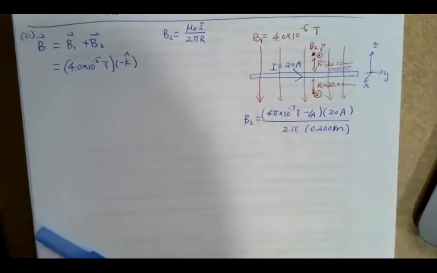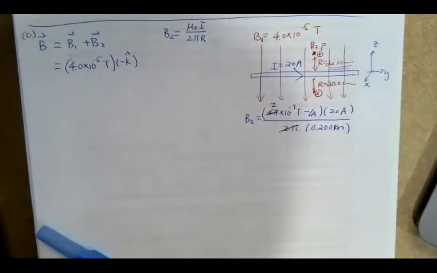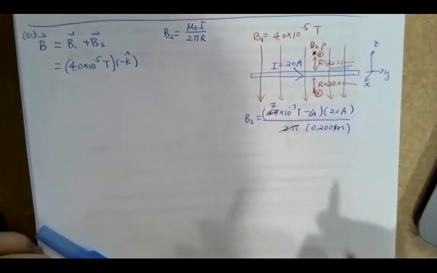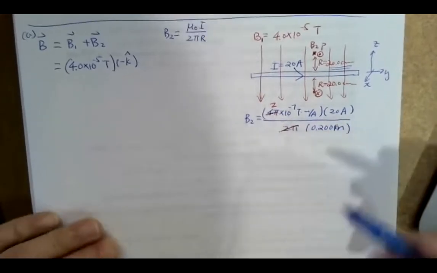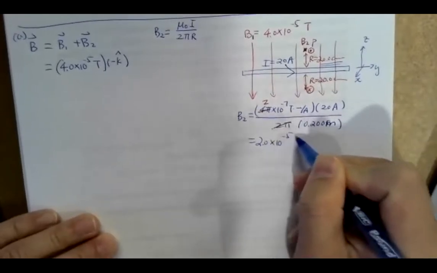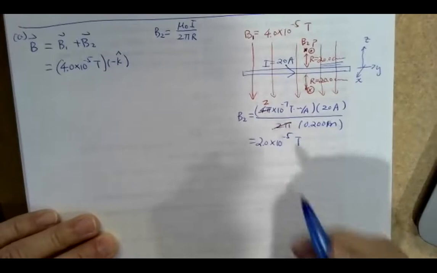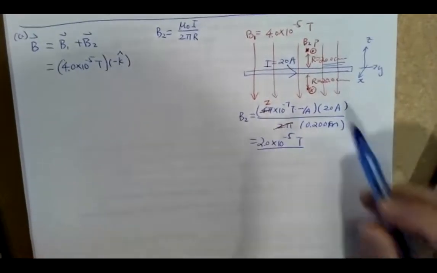Okay. So you can see this 2 pi will partially cancel out that 4 pi with 2 remaining. Then you can calculate the B field here. So it's going to be 2.0 times 10 to the minus 5 Tesla. Okay. So that's B2, the magnitude.